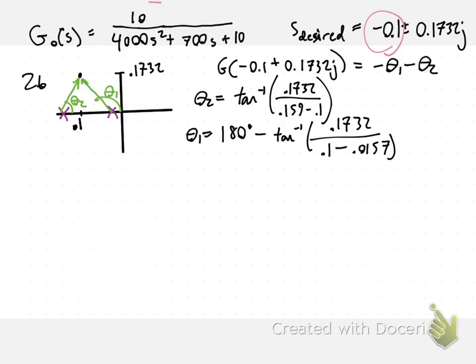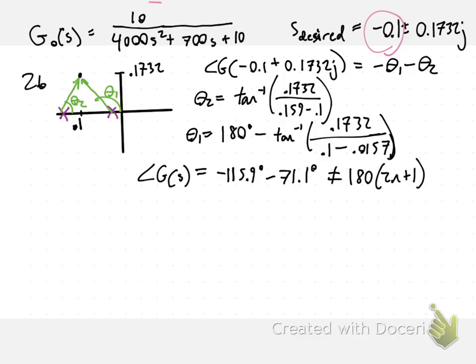And I'm rounding a little bit, which is why it's important to check your numbers at the end and make sure you ended up with a decent controller, especially if you do have to round a little bit. And in doing so, we should get that the angle of G(s) is equal to negative 115.9 degrees for θ1 minus 71.1 degrees for θ2, which does not equal 180(2n+1).